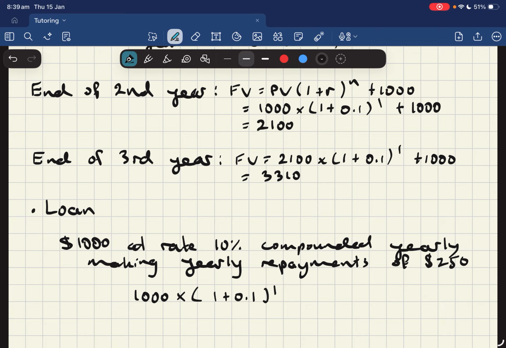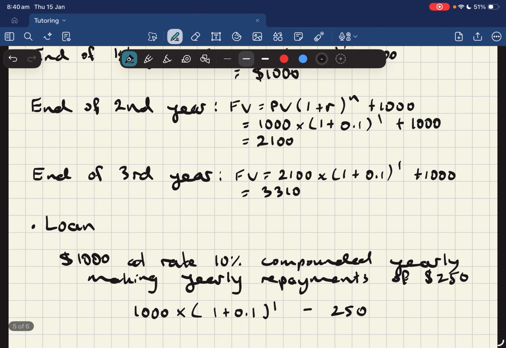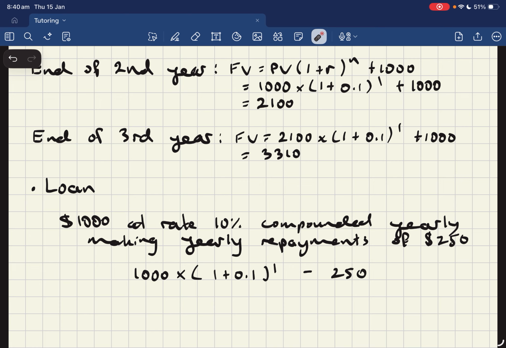But at the end of that year, because we start off with $1,000, we're not starting with zero and working our way up like we would with an investment. We're starting with an amount, we're charging interest on it, and then we're taking away our repayment. So how this differs, if you consider these two, instead of adding, it's taking away because we're trying to reduce the amount of the loan.